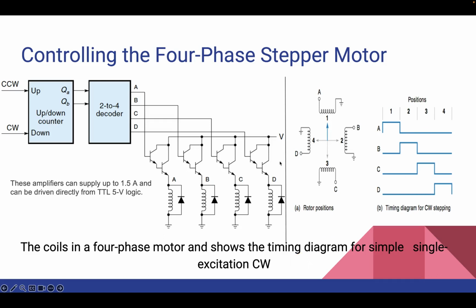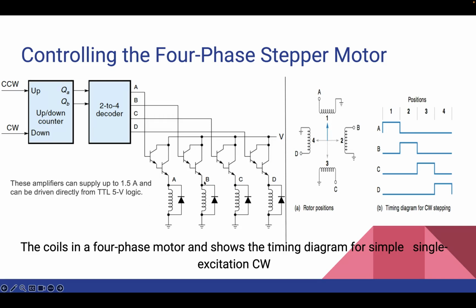Okay, so in this we have controlling the 4-phase stepper motor, which is a very important circuit in many precision applications. At the core of this control mechanism are the outputs of the decoder, as you can see over here, which are meticulously connected to 4 Darlington driver transistors.